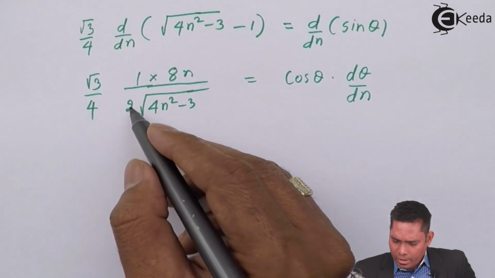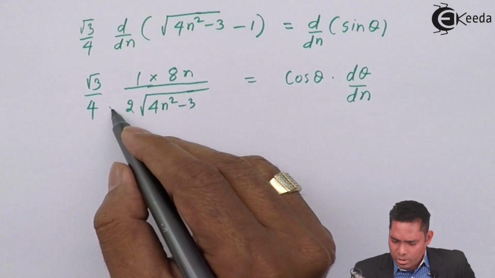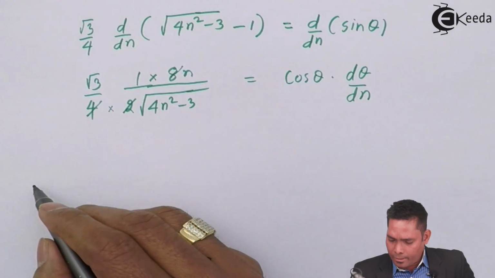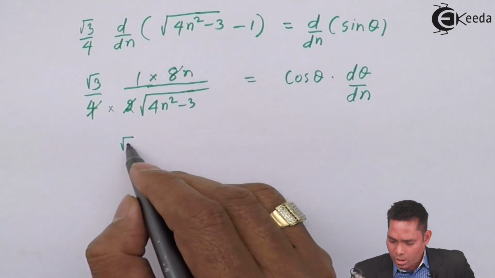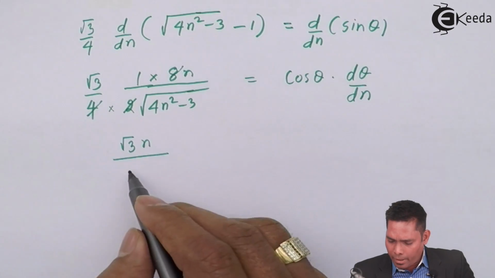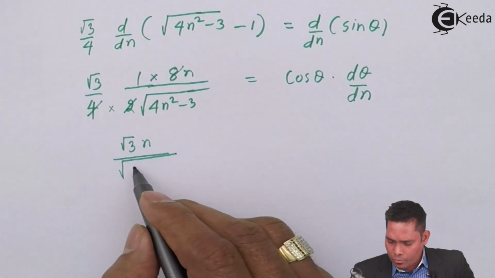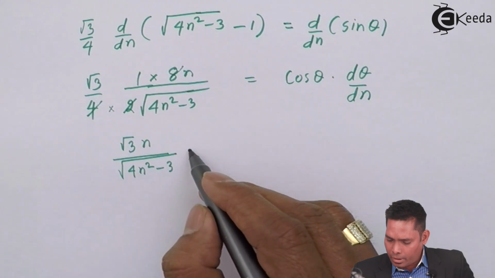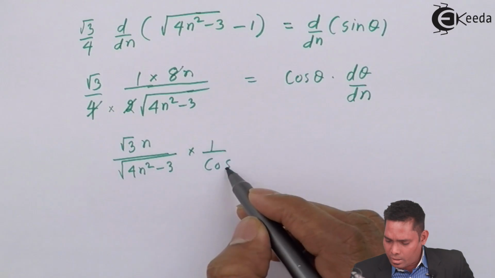You can see that these 4 and 2 make 8, this will cancel out, and this will be root 3 n divided by under root of 4n square minus 3, into 1 over cos theta.